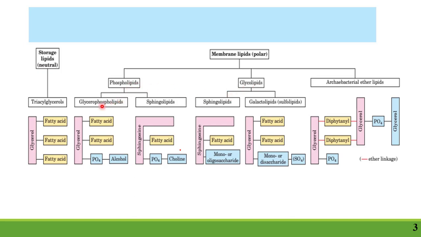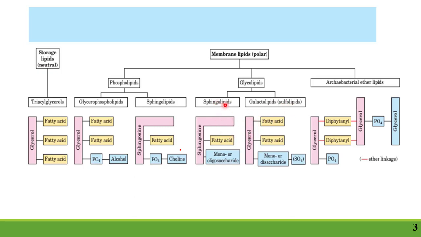Phospholipids are also divided into glycerophospholipids and sphingolipids. The glycerophospholipids contain the alcohol glycerol, and sphingolipids have a sphingosine alcohol. And glycolipids are also divided into sphingolipids and galactolipids or sulfolipids.